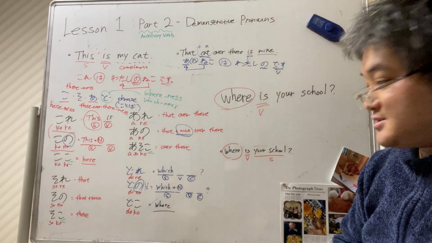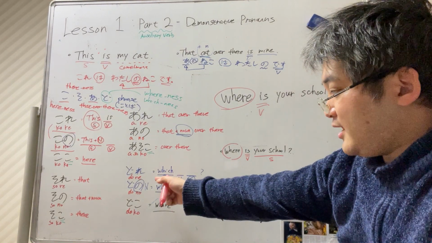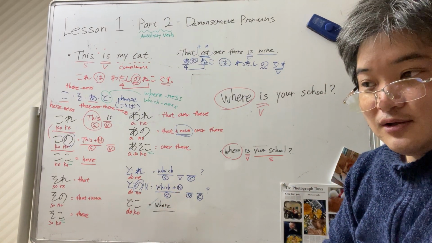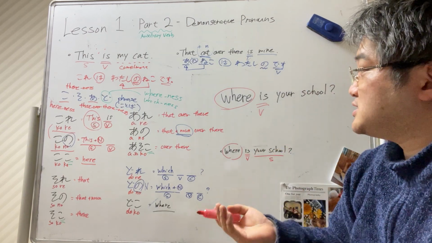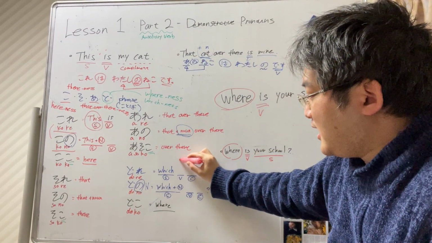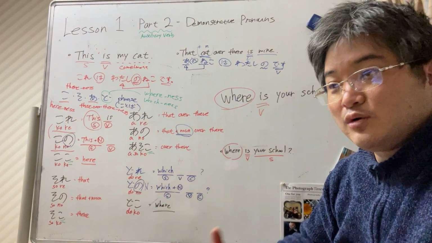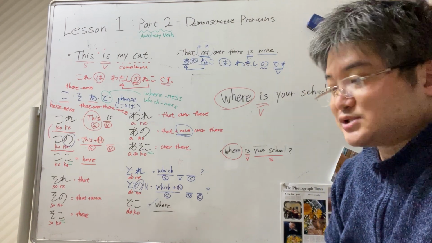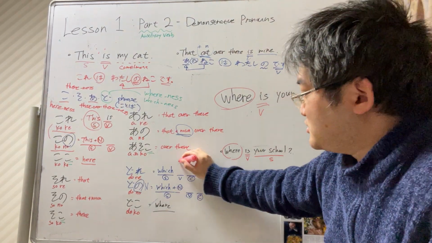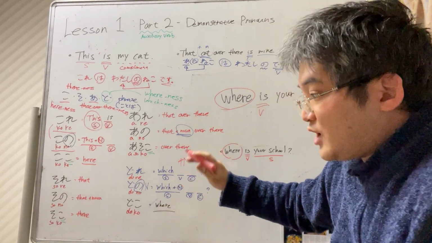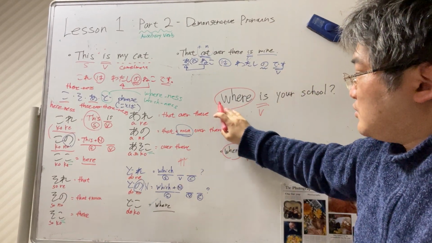So that becomes a problem. Dore and dono served as a subject, which is why we could use ga. You wanted to know which one is yours or mine, and we could use ga here as a particle, but "where" cannot be a subject.